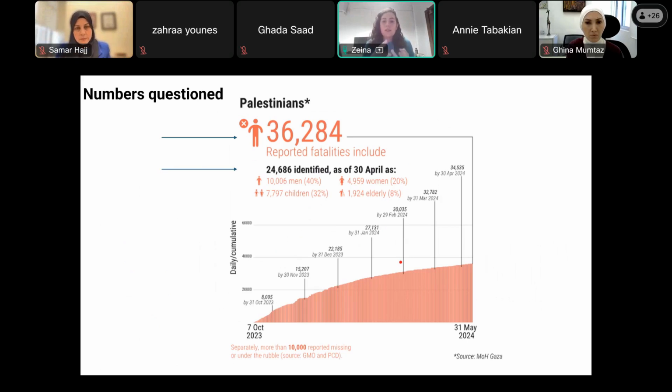So they had the sex, the gender, the age of only 24,000. And separately, more than 10,000, between the Palestinian Red Crescent and different agencies, were said to be missing under the rubble.